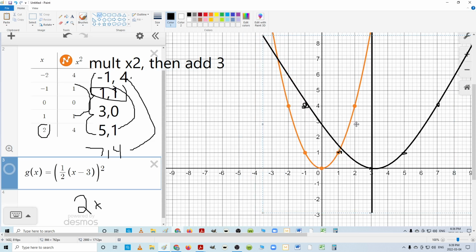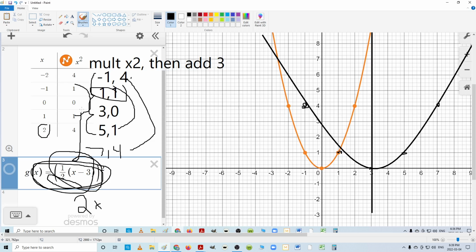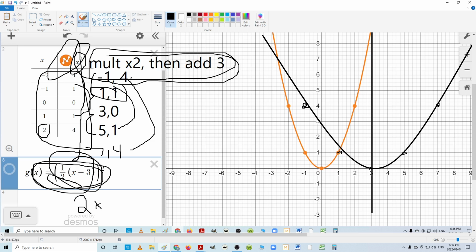That's close. There we go. I've successfully graphed this graph here without having to make a table of T cells, taking the original points from the parent graph, it's called the parent graph when nothing's happened to it, and following my rules of transformation, which will take practice and time.